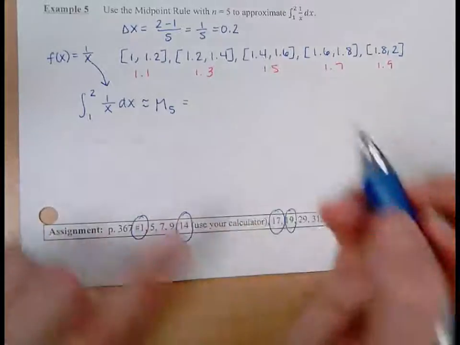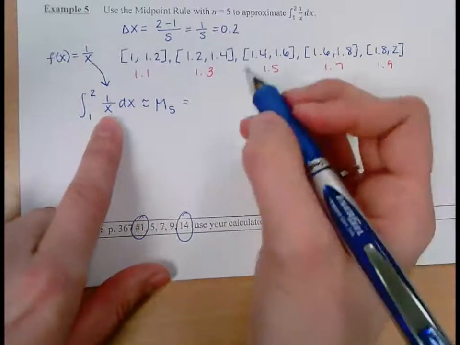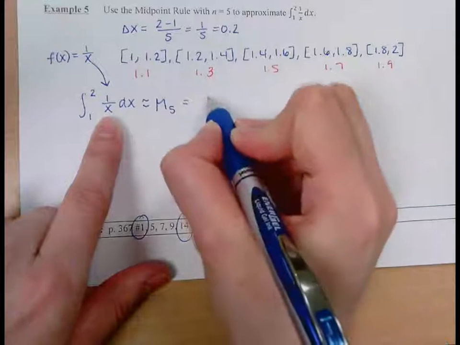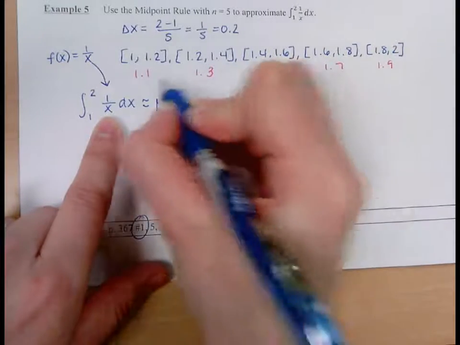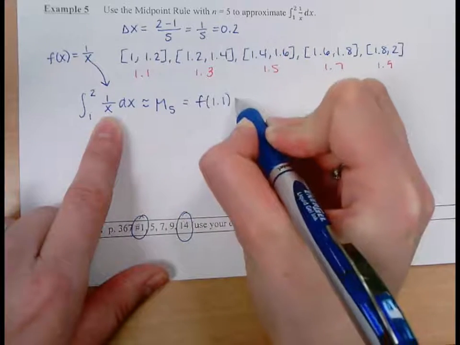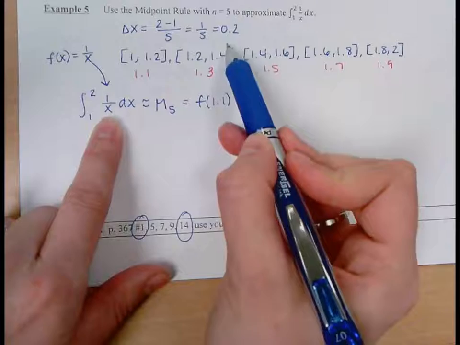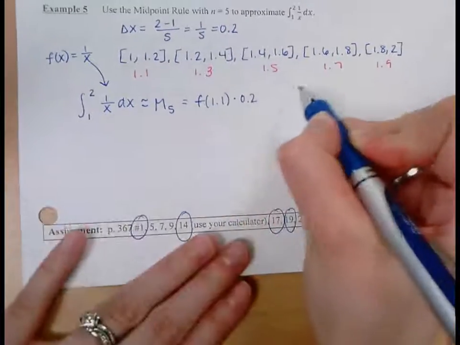let's see, I would have for my first height, well, I'll write it this way first. It'd be f of 1.1, and that would get multiplied by the delta x, the width of the interval, so multiplied by 0.2.